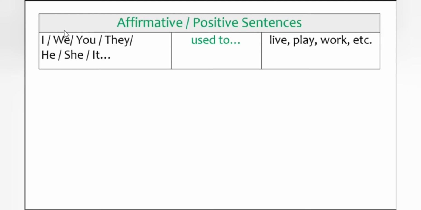Pwede. Followed by the expression used to. And then, yung huli, yung infinitive form of the verb or yung base form. Live, play, work, etc. When we say infinitive, so walang S, ES, D, ED, ING.